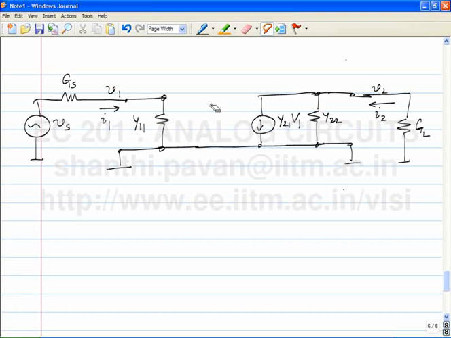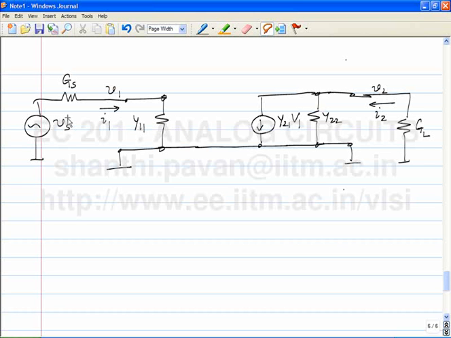If you want the gain from the input to output to be independent of GS, how will that happen? The only reason why the output voltage V2 would depend on GS is when current flows through GS.